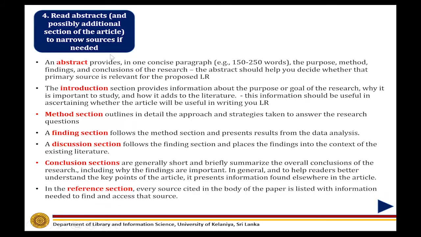These sections are there: abstract, introduction, method, findings, discussion, conclusion, and reference section, if it is an empirical peer-reviewed journal article. After you end up with maybe 4, 5, maybe 10, 15 research articles, try to figure out which one is most suitable for you, maybe by looking at the abstract, the method section, or the conclusion, whatever, right?